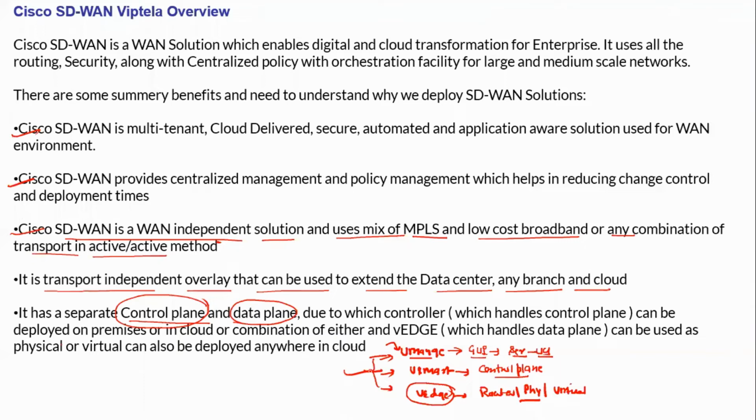So whether you install it in a cloud, or if you want to reduce your data center costing, and you don't want to install all these components, and you are mostly a cloud delivered enterprise, your most applications are hosted in a cloud, you have very little presence in the data center, then you can obviously install these elements in a cloud, and from there you can manage all your WAN part.